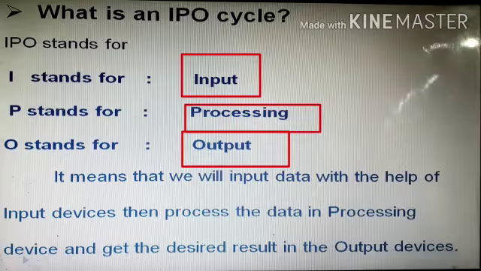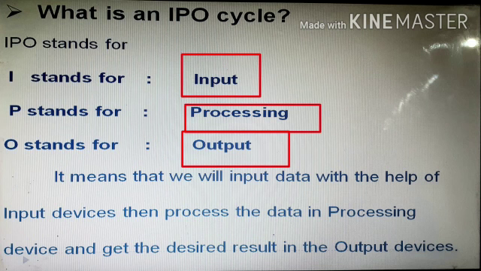Now come up, what is an IPO cycle? IPO stands for, I stands for input, P stands for processing, O stands for output. It means that we will input data with the help of input devices, then process the data in the processing device and then get the desired result in the output device.